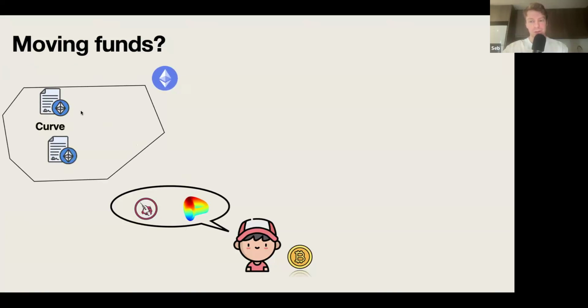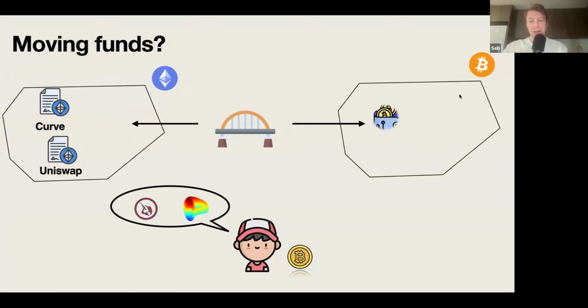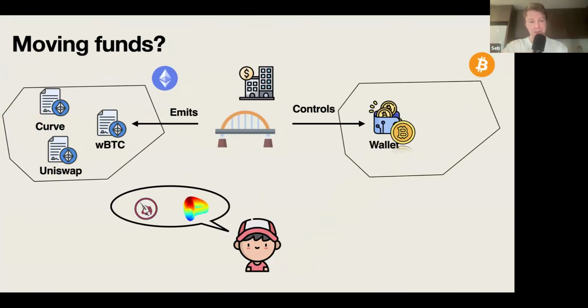But those applications are deployed as smart contracts on Ethereum. So Curve contract here, Uniswap contract here, and this is the Ethereum world. The Bitcoin that you see here exists only in the Bitcoin world, but in the Ethereum world, it doesn't have any real existence.